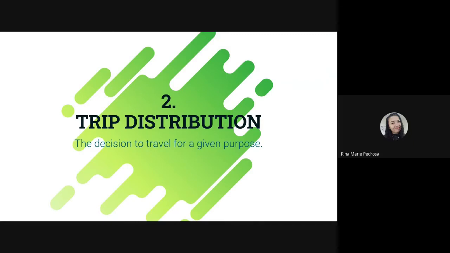There are a number of methods to distribute trips among destinations, and two such methods are growth factor modeling and gravity model. Growth factor model is a method which responds only to relative growth rates at origins and destinations, and this is suitable for short-term trend extrapolation.